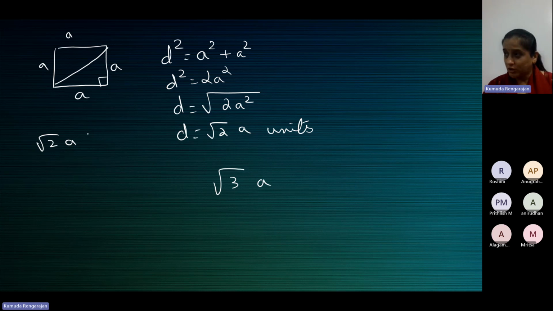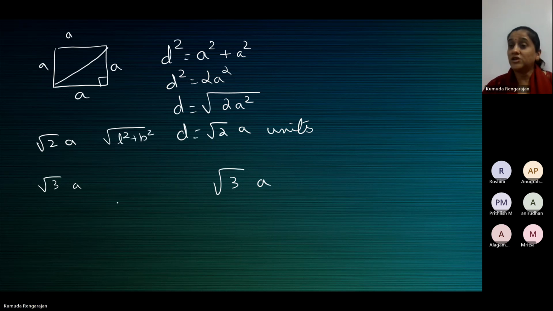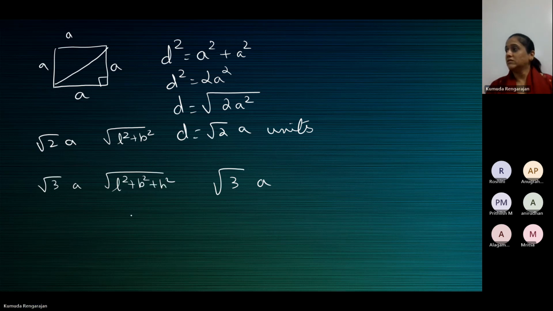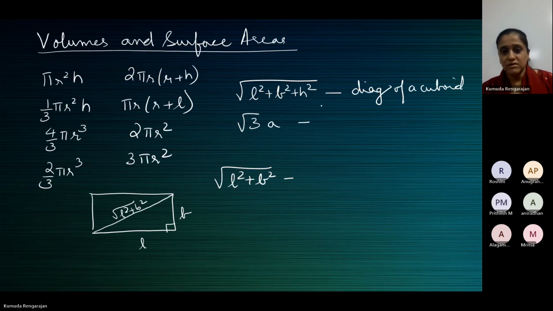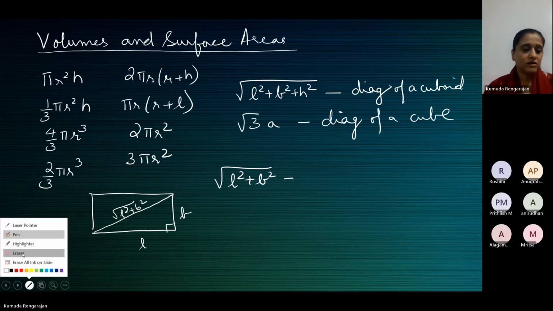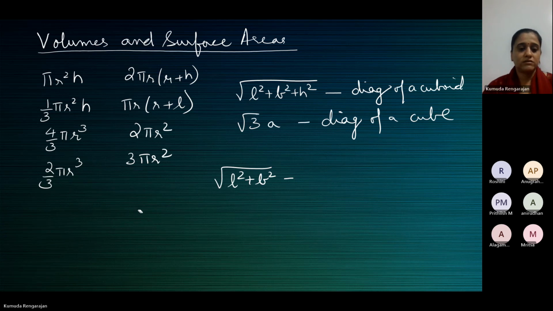Now, the solid cube: the length of the diagonal of a cube is given by the formula root 3a. Rectangle diagonal: root of L square plus B square. Cuboid diagonal: root of L square plus B square plus H square.